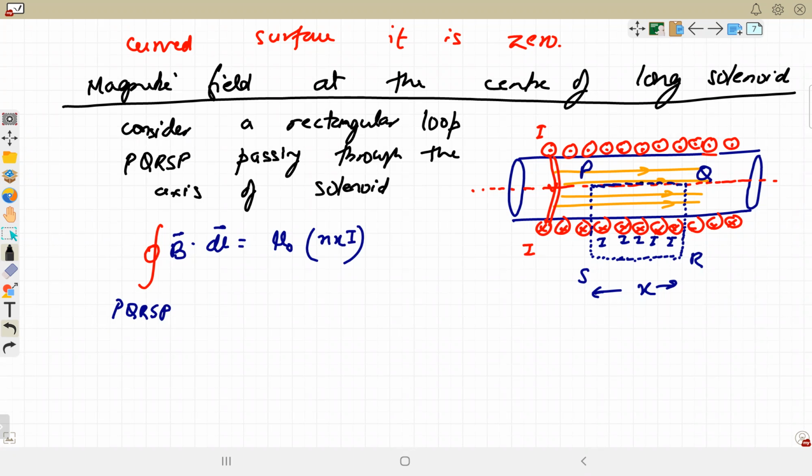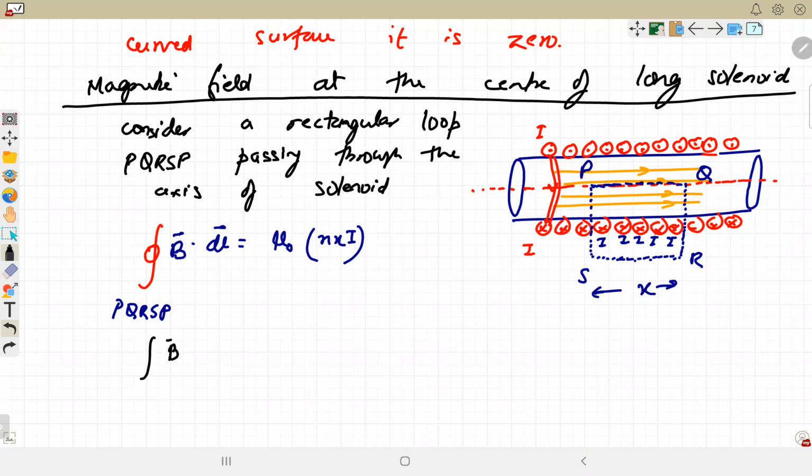Yes, boss. I understood why it is nxI. Yes, sir. When you integrate on the left hand side, you have to open this separately.